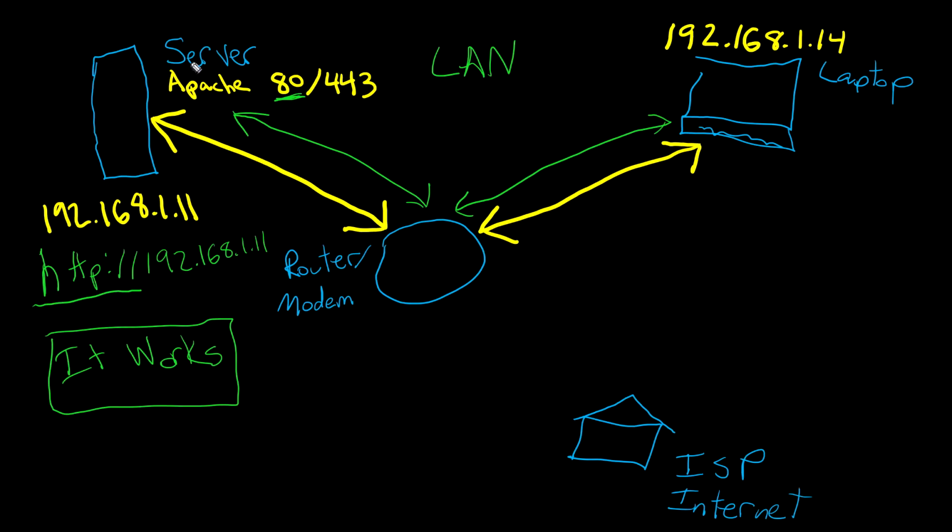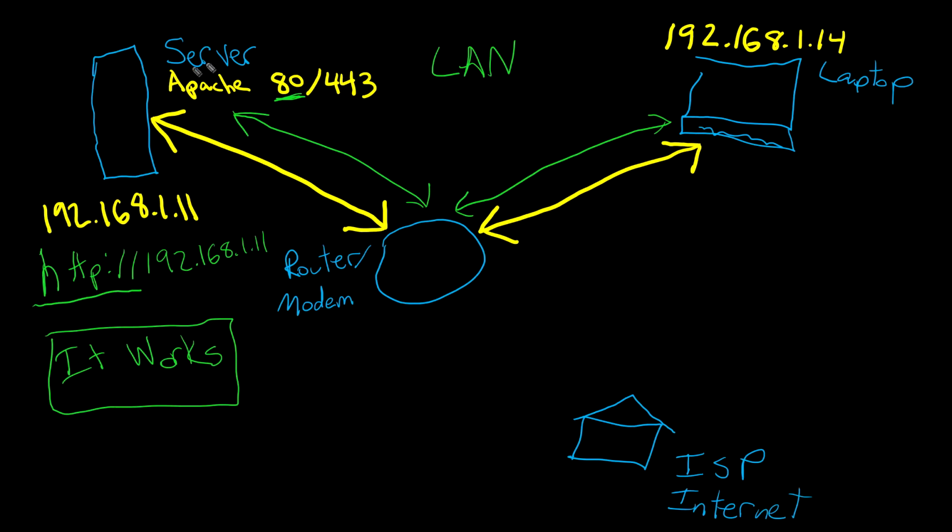Now if you have a fresh install of Linux, of course most of my new tutorials are going to be based upon Raspbian, which is a version of Debian, on the Raspberry Pi. So if you have a fresh install, you haven't installed a bunch of other stuff on it, and you've just installed Apache, then this should work. I mean, it just should.